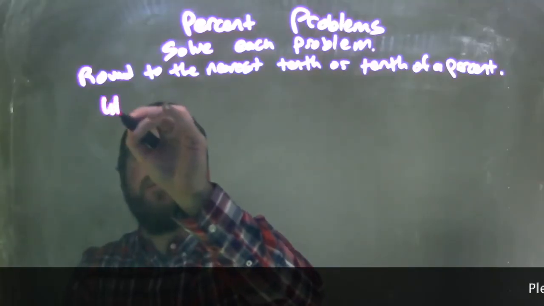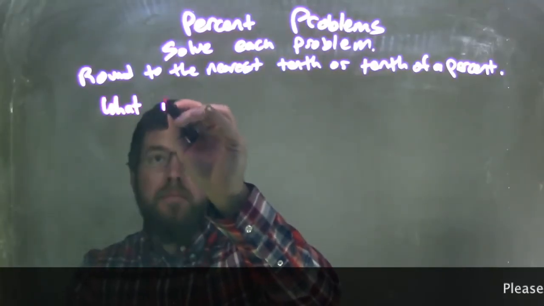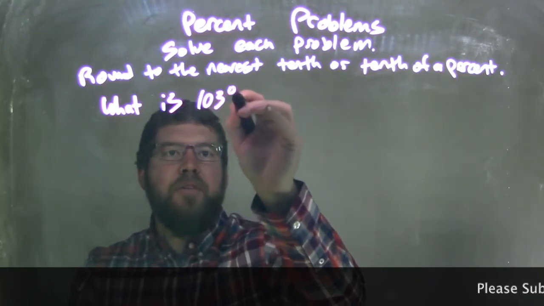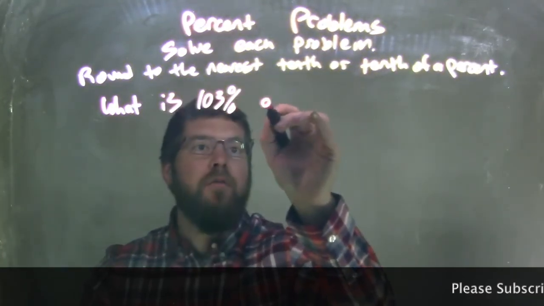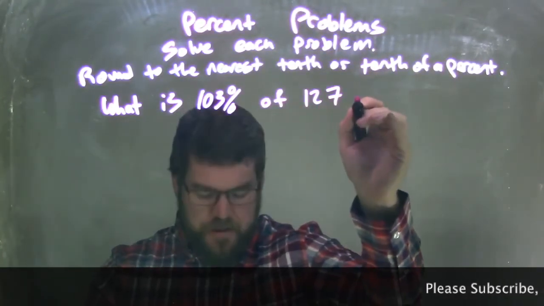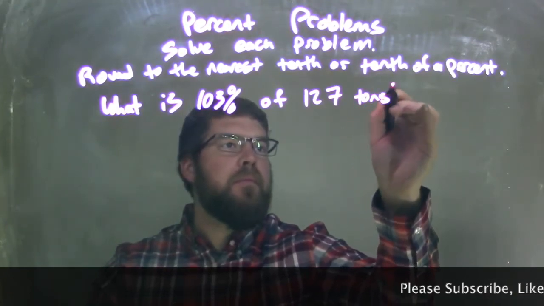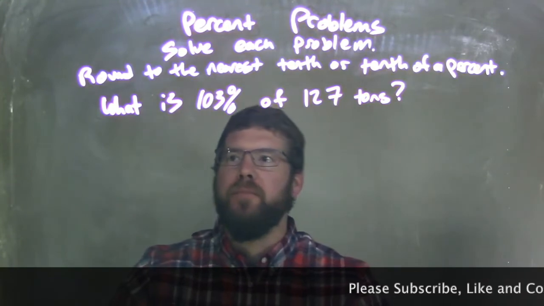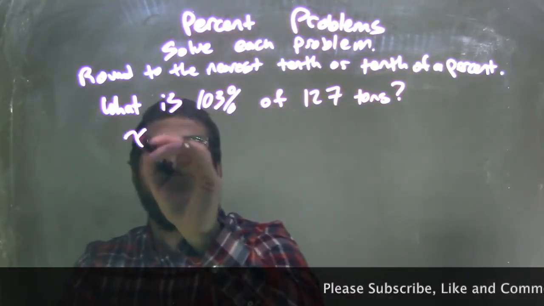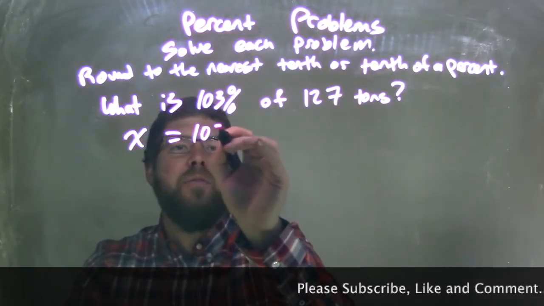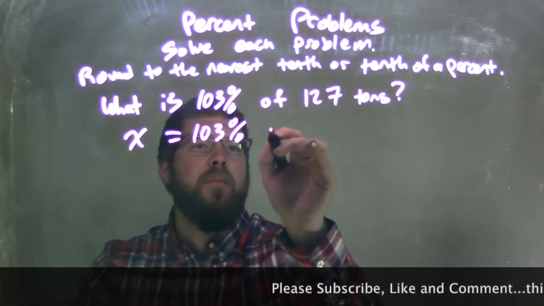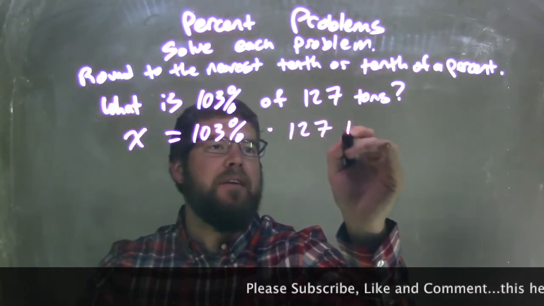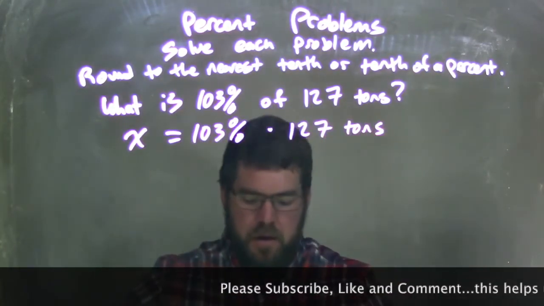What is 103% of 127 tons? Okay. Well, I need to first convert that to an equation. So my what, x, is equal to 103% multiplied by 127 tons. Okay.